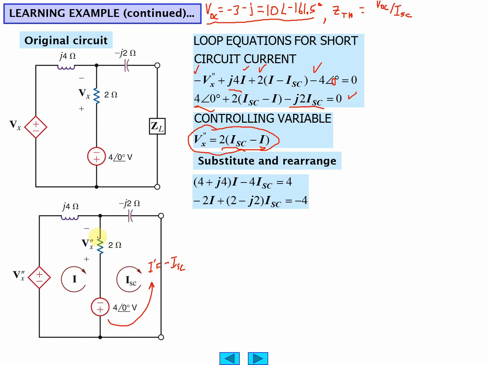So I'd have a positive I prime plus I times 2, and since, no, I'm sorry, it'd be a negative. It's a voltage drop. I'm thinking voltage drop. If I used I prime, we'd have a voltage drop going this way, and the current would be going this way. So it'd be a negative 2 times I plus I prime. Well, I prime is negative ISC, so we get this equation. So everything works out, no matter which way you think about it.